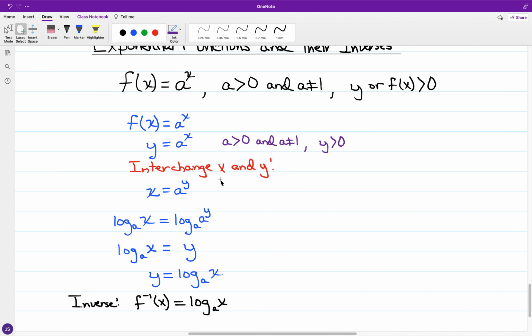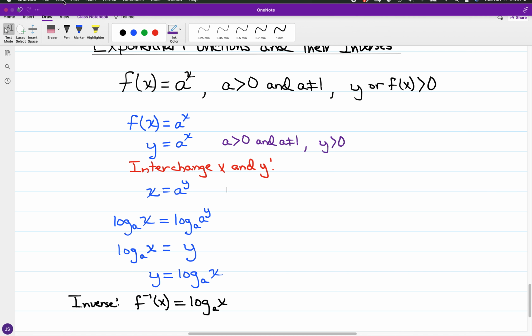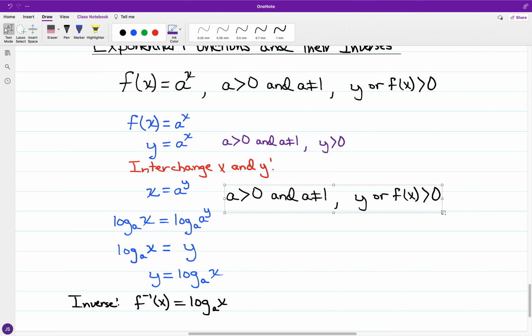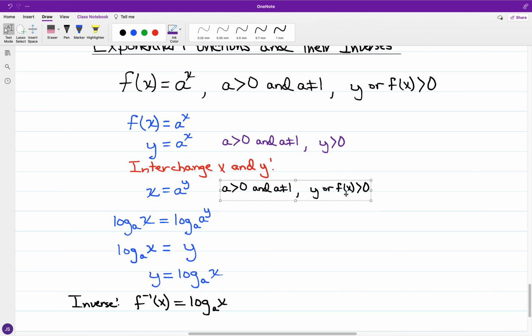But once we look at interchanging, you're still working with a positive with the exception of 1, but where we had y greater than 0 in the one-to-one exponential function, for the inverse we're going to have x greater than 0.